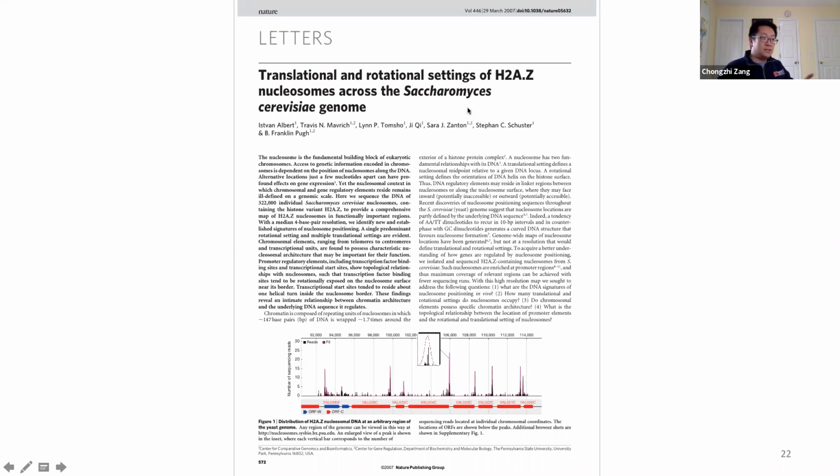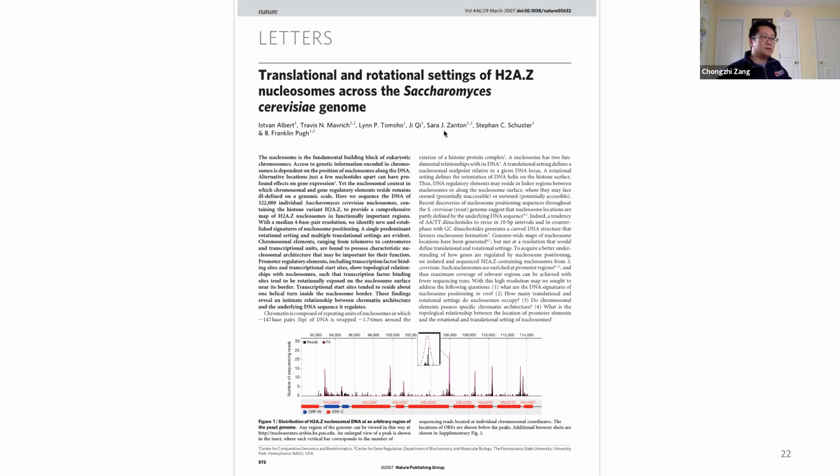Because yeast has a much smaller genome compared to human, the sequencing depth can easily be very high. So this work by Frank Pugh, studying the genome-wide distribution of H2A.Z nucleosomes in the yeast genome, is actually the first work to use sequencing technology to study histones, or any protein, genome-wide.